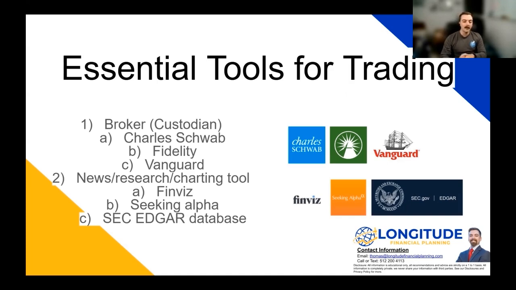start trading stocks. You need a broker to take your order, a custodian to hold that stock once your order is filled. And then you really need to have an idea of what you're doing, or at least a theory of what you're doing. So these are some sources you can use to look up a stock you're interested in, read about it.